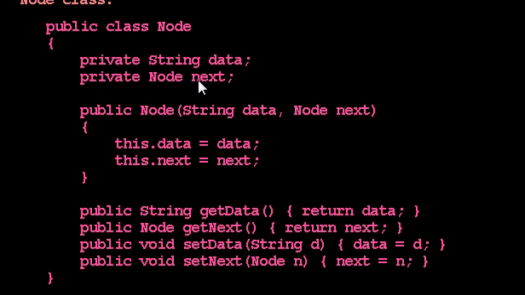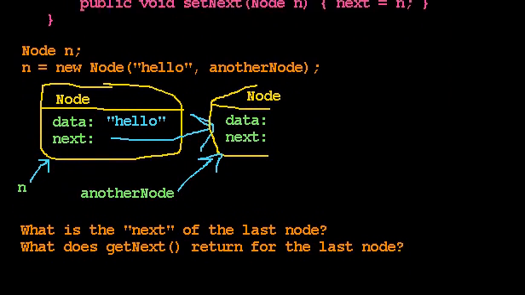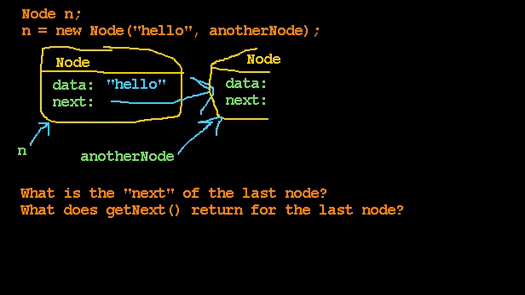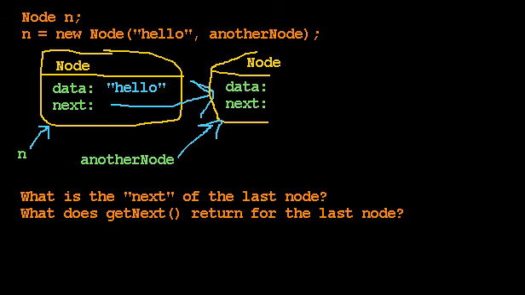What can we store in the next field that is not actually a node? There's only one thing that Java lets us store in a variable of type Node that isn't actually a node, and that is null. So the null value must be returned by getNext, and that makes sense. So if we want to make the last node, we make a node and we pass as the next the value null.